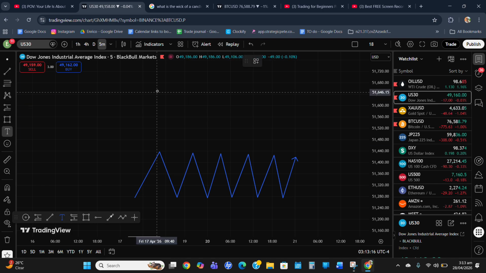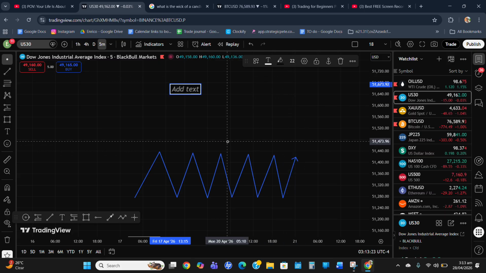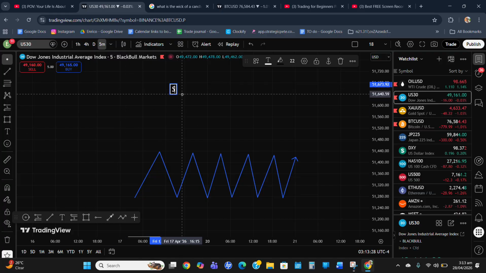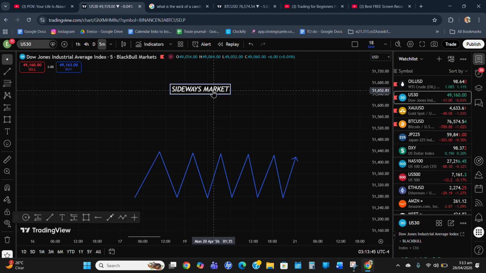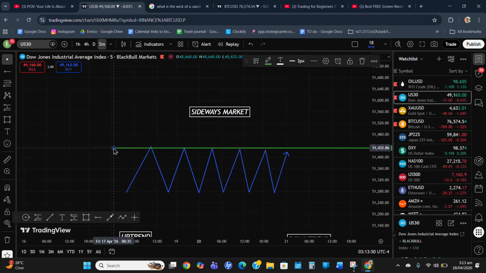So just for a recap, this is what we call a sideways trend, a sideways market. Or some people say it's a consolidation market. People will usually say the market is consolidating, right?